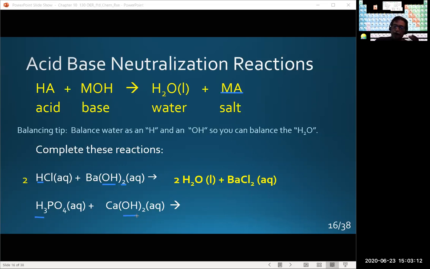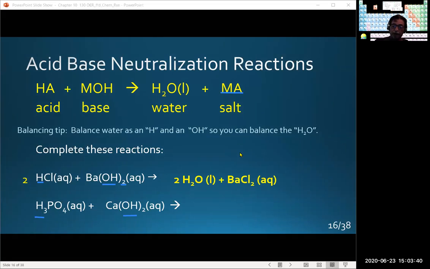Okay, so I need to balance these out. So I need enough protons and enough hydroxides. I need a common number. And guess what? The common number is 6, excuse me. So if I put a 3 in front of calcium hydroxide and a 2 in front of phosphoric acid, my hydroxides are balanced out.